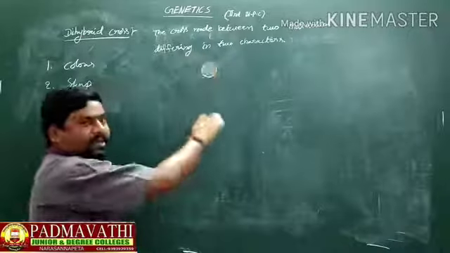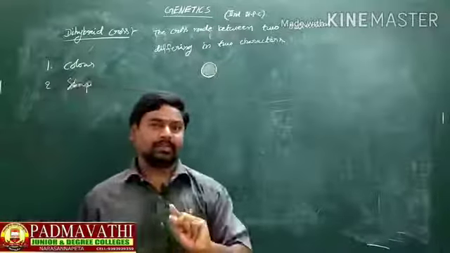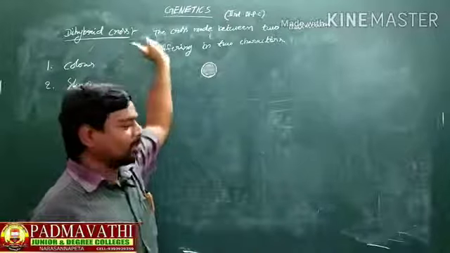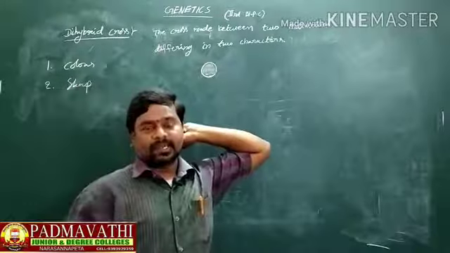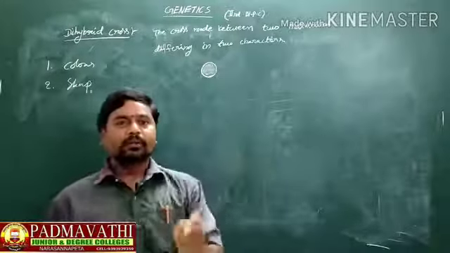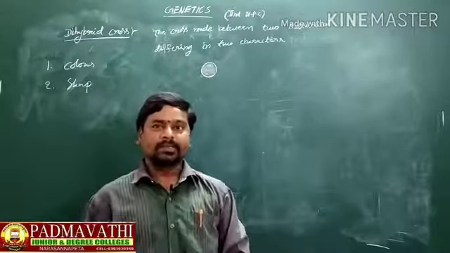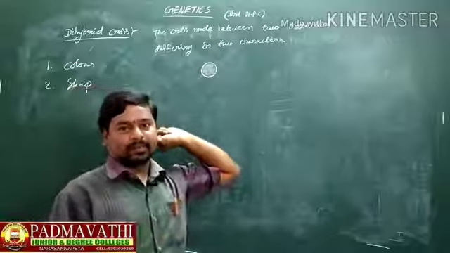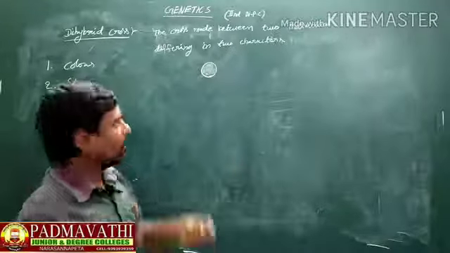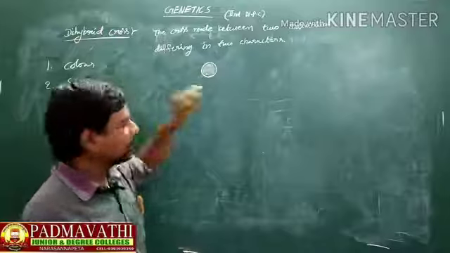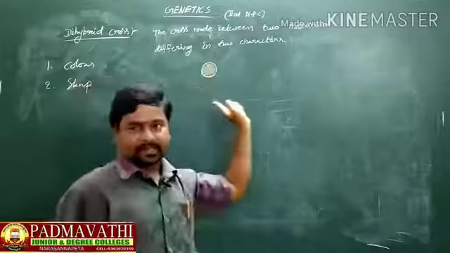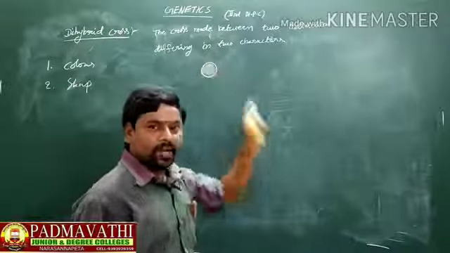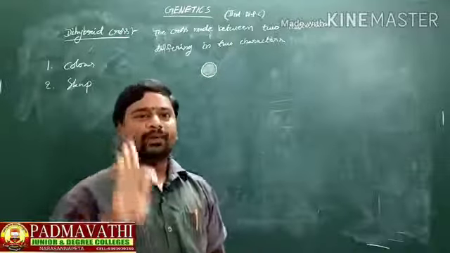These two characters are indicated by four factors. In Mendel's monohybrid cross, a single character is there, and each character is determined by two factors, alleles, present in a pair. But here in the dihybrid cross, two characters are there, determined by four factors.